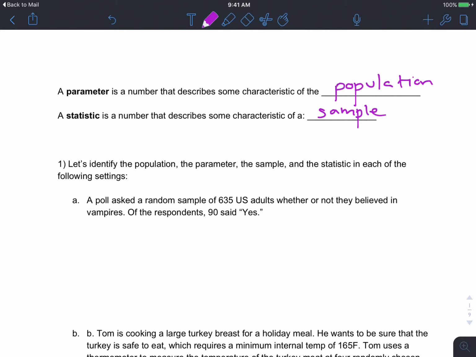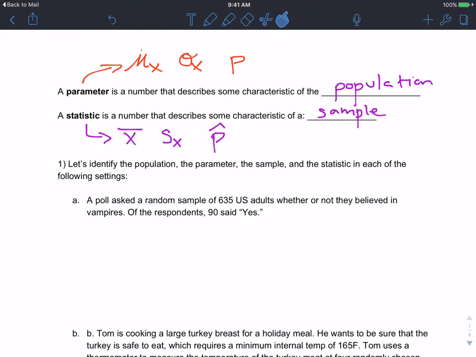Typically, statistics will be like x bar, s of x, and p hat. And then parameters will be your mu, your sigma, and just p.